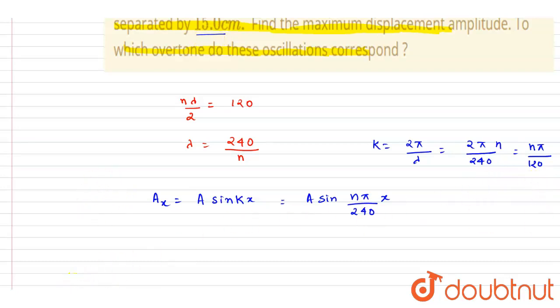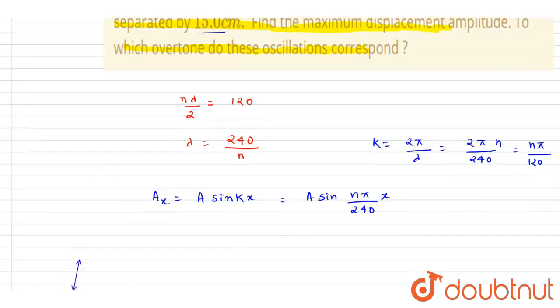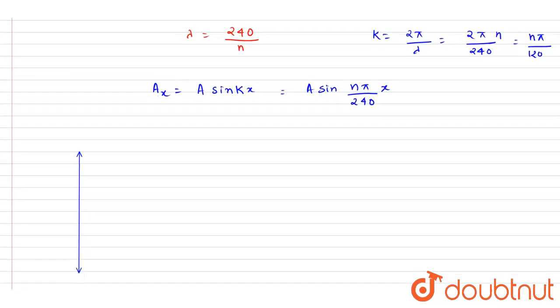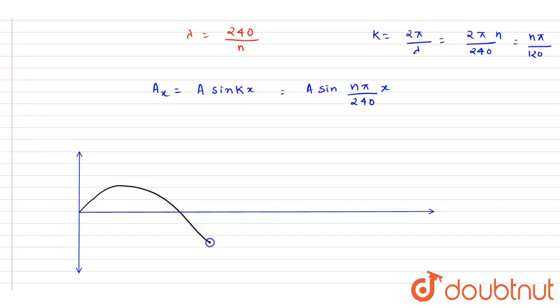So if I draw the diagram here, let's say this is the string and here is the oscillation taking place. We don't know the number of loops, but it can be any integer 1, 2, 3.